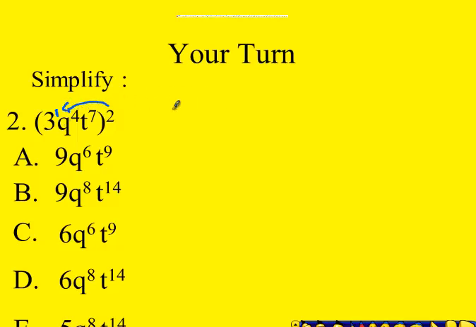So you will have 3 raised to 1 times 2, which is 2. And then q raised to 4 times 2, that's 8. And then t raised to 7 times 2 is t raised to 14.